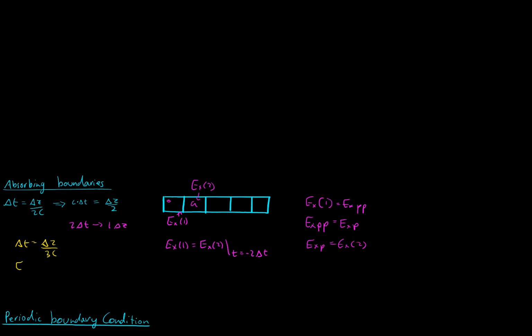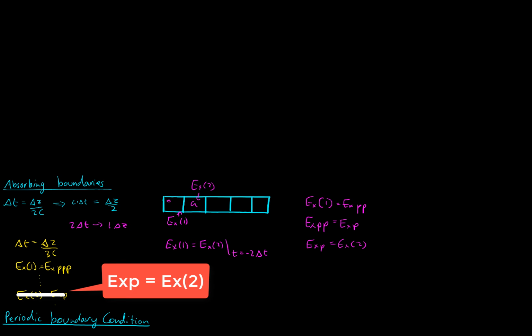So then it would be ex of 1 is equal to ex previous, and so on. And then ex of 2 is equal to ex previous. Okay, so we know how to do that. We're going to try it. It's going to work. It's going to be great.